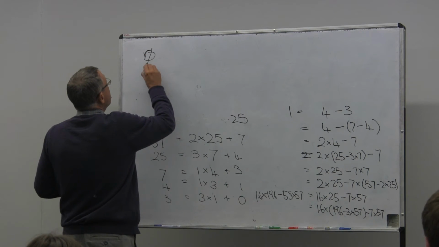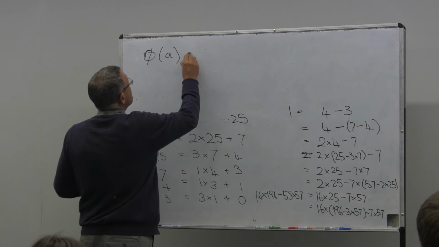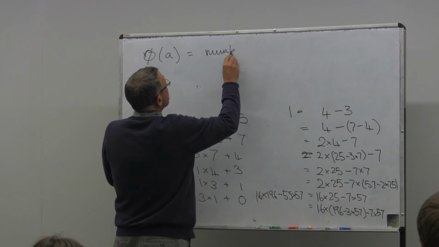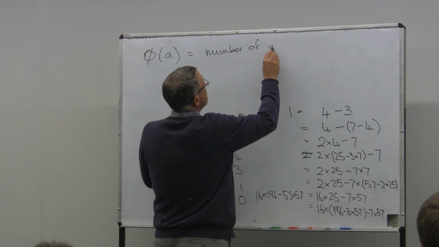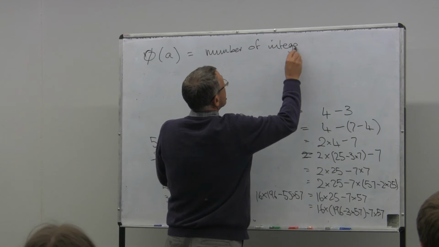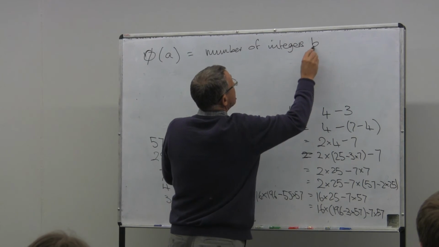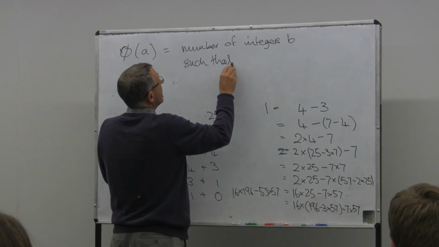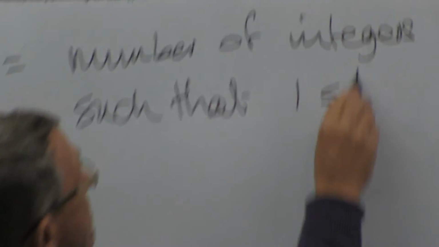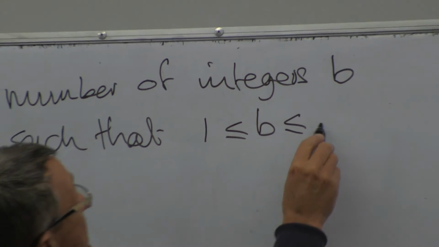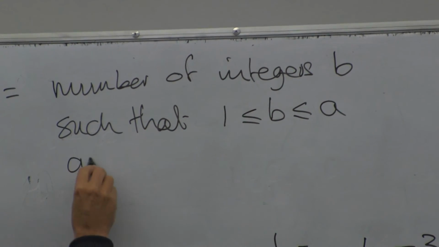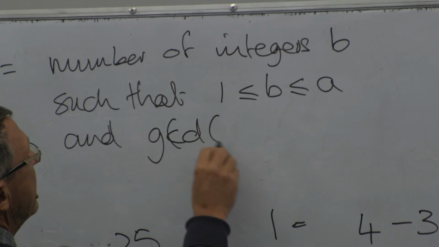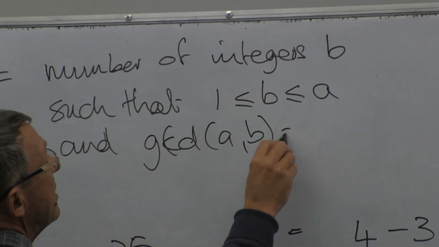So phi of A is the number of integers B such that 1 is less than or equal to B, less than or equal to, if you like, A, and co-prime, GCD of A B equals 1.